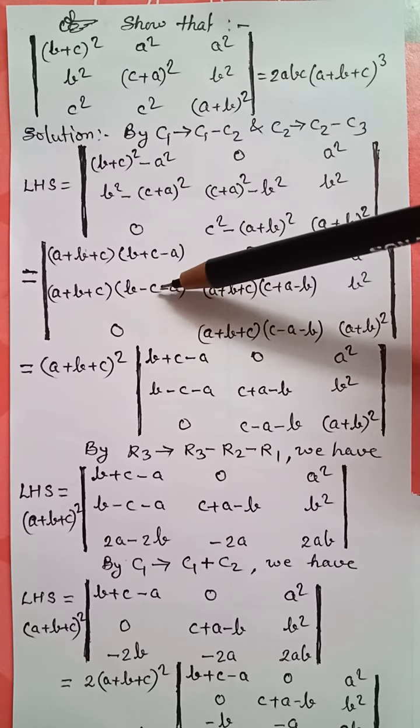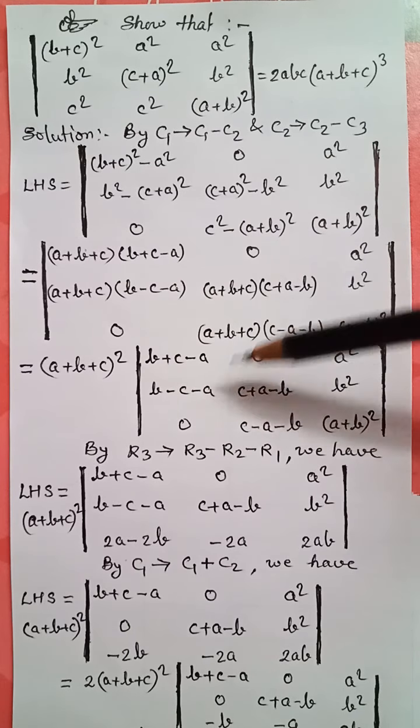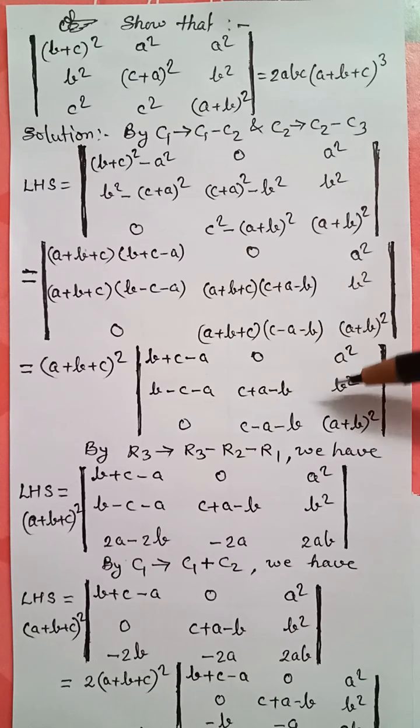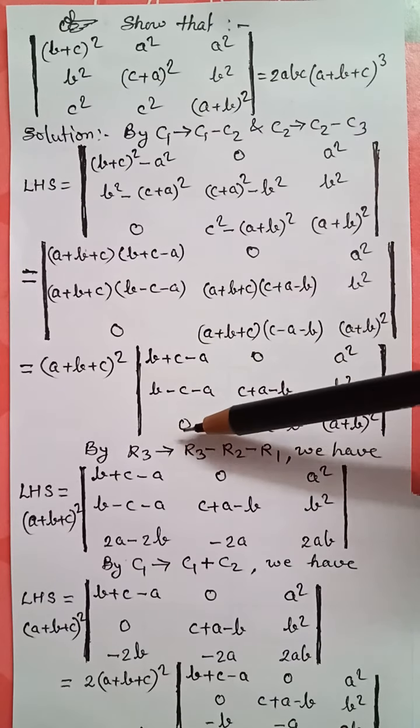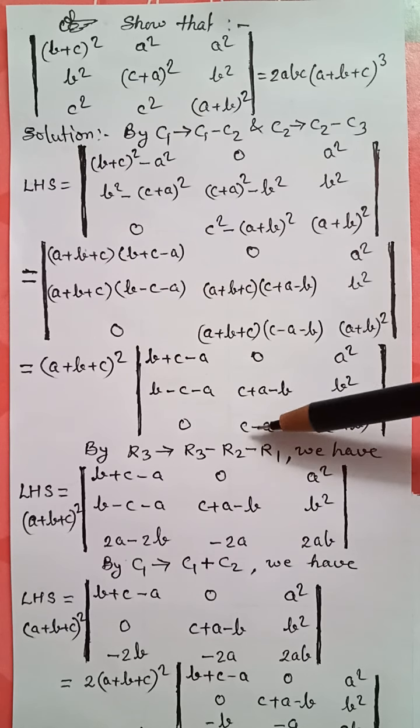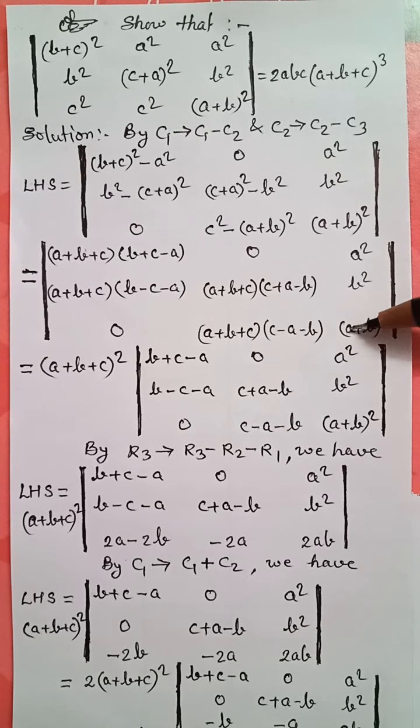Similarly here B minus C minus A, B minus C minus A, and this is C plus A minus B, C plus A minus B, and this is B square. Similarly here it is 0, and here it is C minus A minus B, C minus A minus B, and here it is (A plus B) square, (A plus B) square.